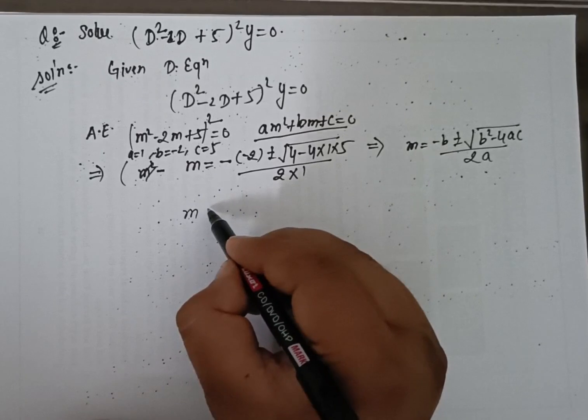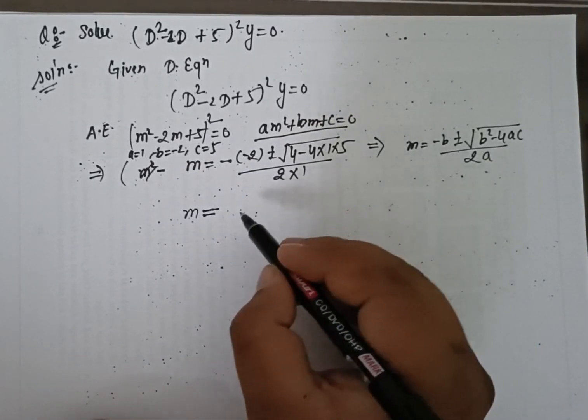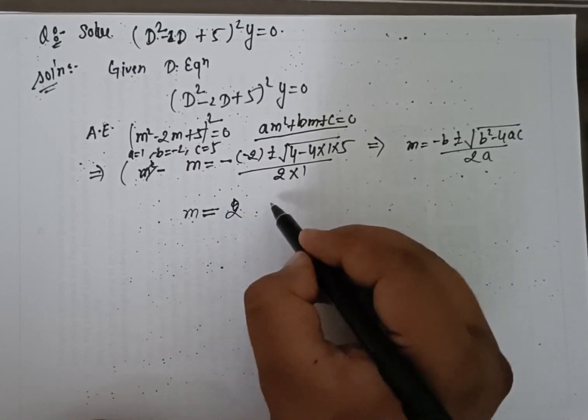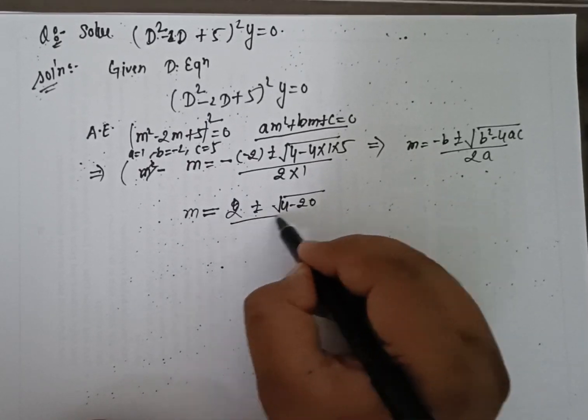In every quadratic polynomial, you can find the two different roots. So it is 2 plus minus square root of 4 minus 20, divided by 2.